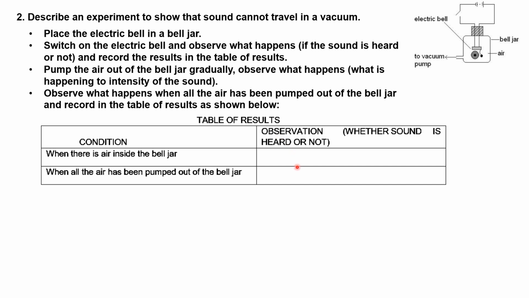You have not yet made a conclusion based on your observations, so you are just describing the experiment, so there will be no need to fill up these spaces unless you are actually doing the practical yourself. All right. This is just a sketch of the table that you need to use.